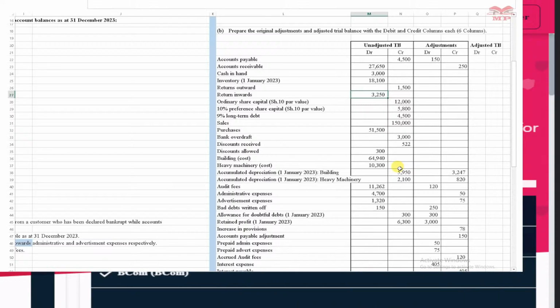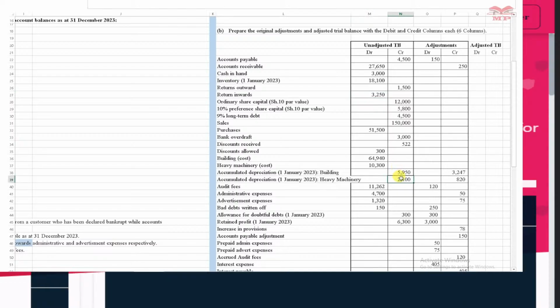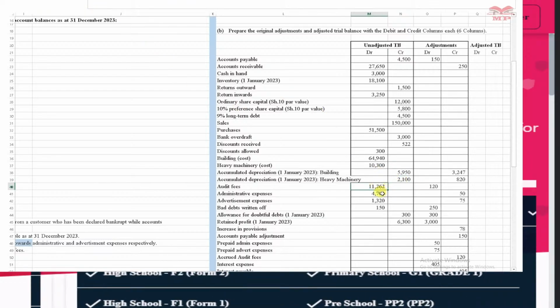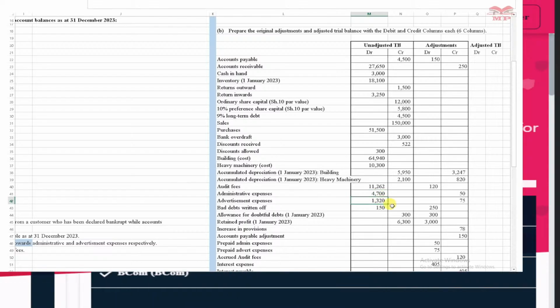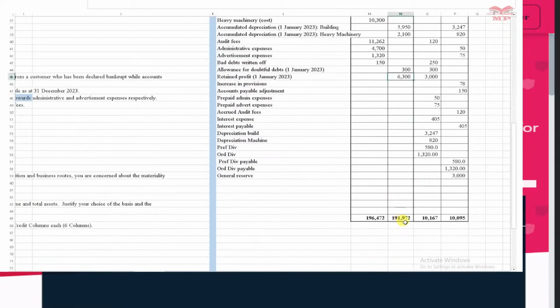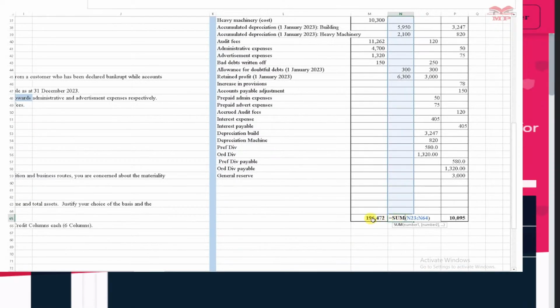Just checking. This one has been picked from the information given to us. And then 2100 has also been picked. You can see even by the formulas right here. 11 and then 4700 and then 1320, 150, 300, 6300. It's picking the sum from there.